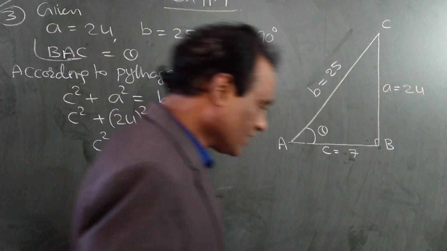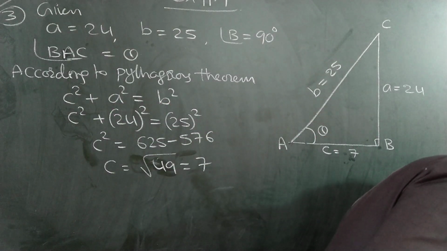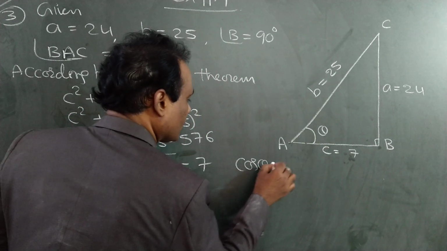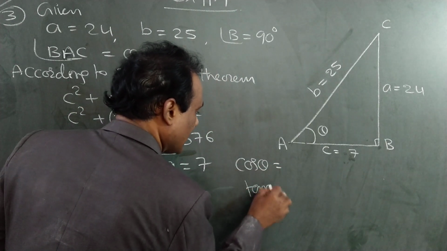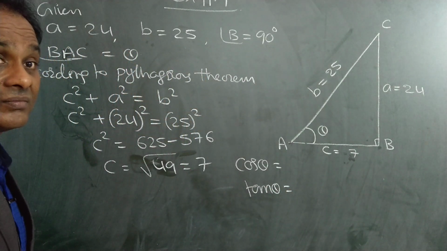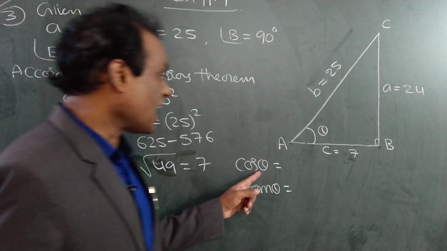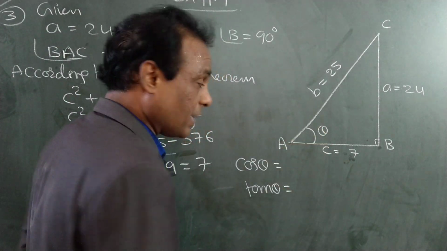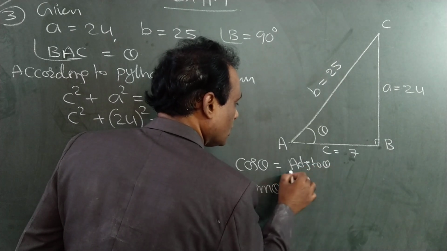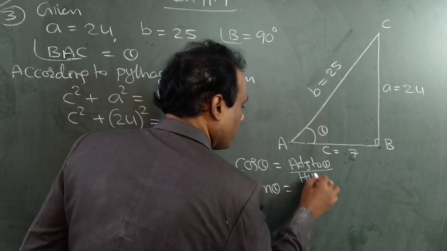Now what is asked? Cos theta, tan theta. What is the cos theta definition? See the formula. Cos is adjacent by hypotenuse.